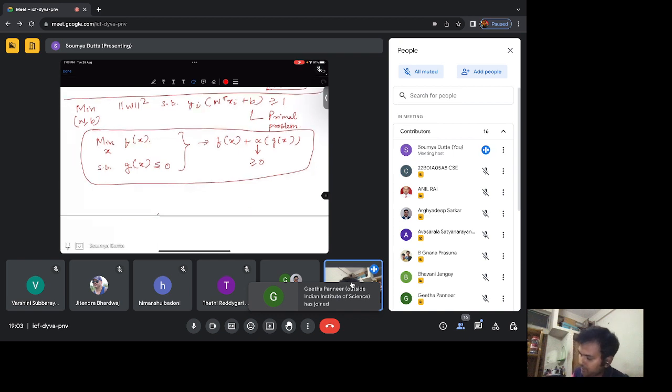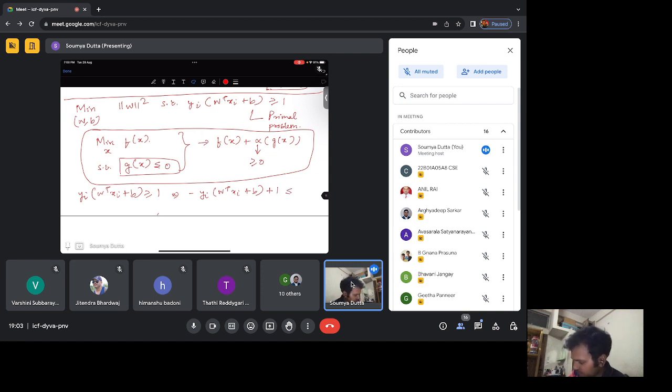Here the constraint is slightly different. Here the constraint is yi times (W transpose xi plus b) is greater than or equal to 1. To put it into this format, you write minus yi times (W transpose xi plus b) plus 1 is less than or equal to 0. Now you can apply this Lagrangian.